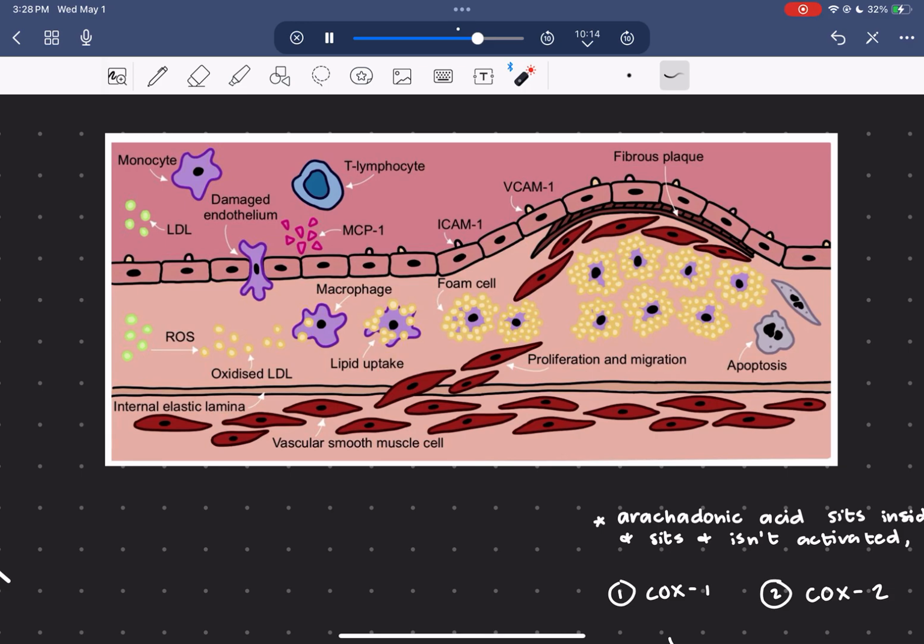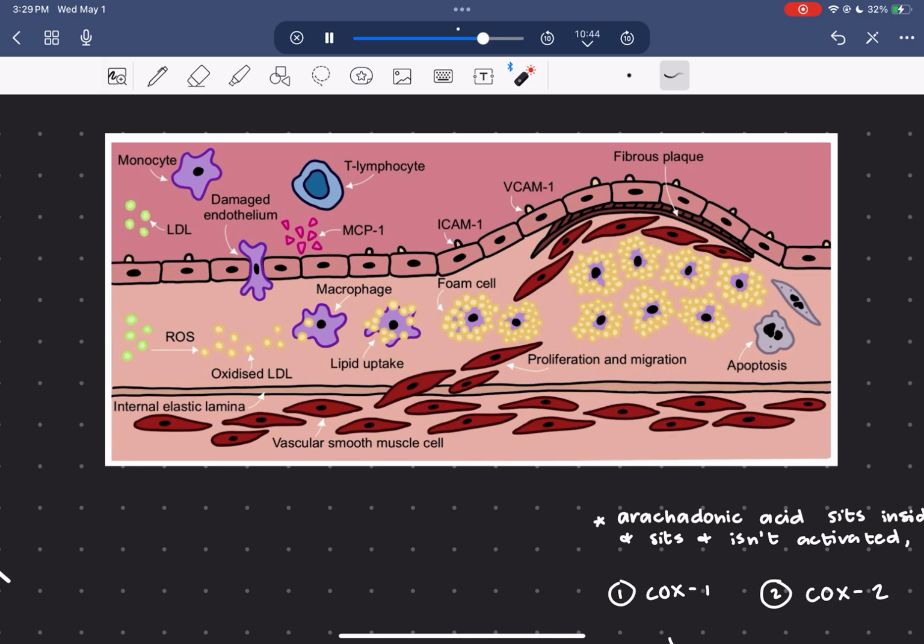Once the monocyte is out of the blood, it becomes a macrophage. And so we know that macrophages pretty much are going to consume anything inflammatory, so the macrophages eat the oxidized LDL. The macrophage then eats the oxidized LDL, and it becomes extremely large, or we'll just call it fat.